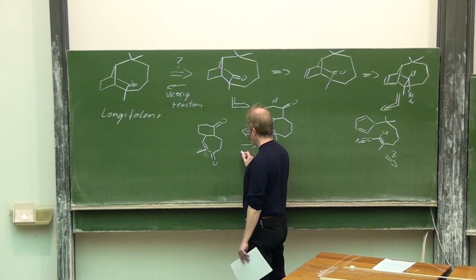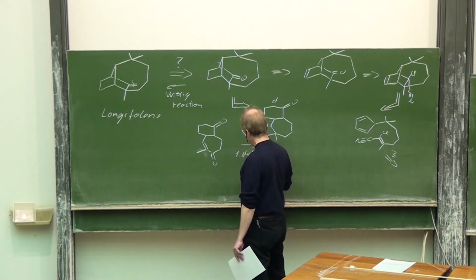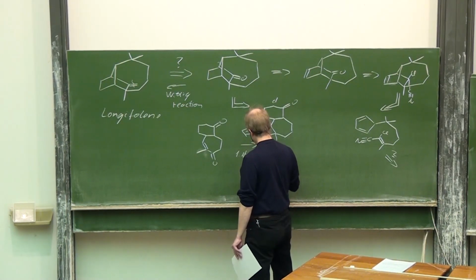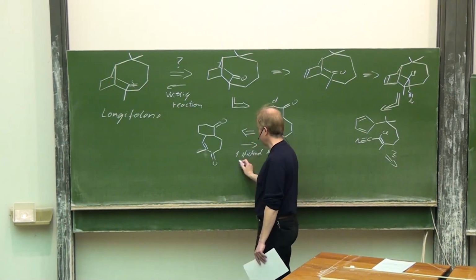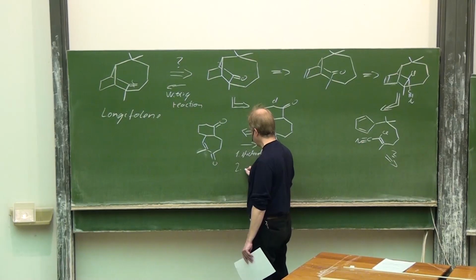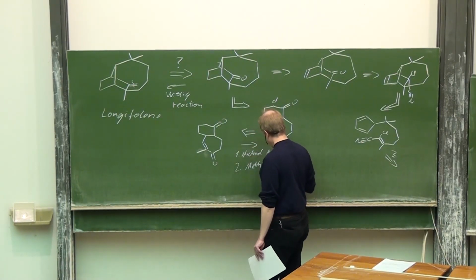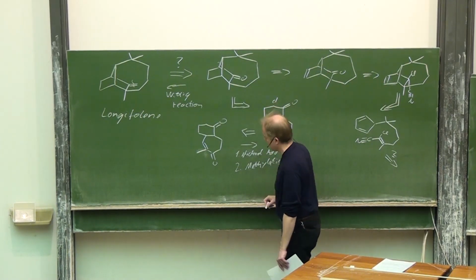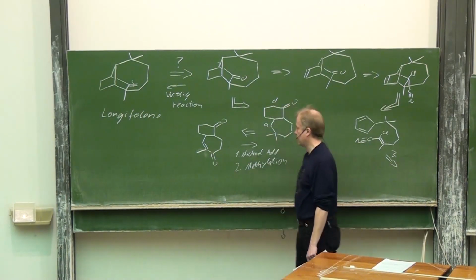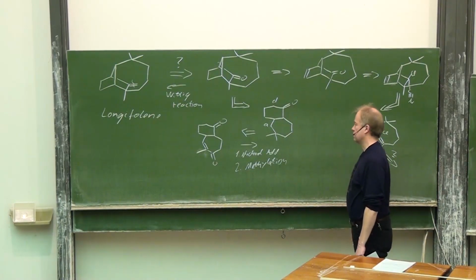So, first, cyclization by a Michael addition process. Secondly, a methylation alpha to that carbonyl group.